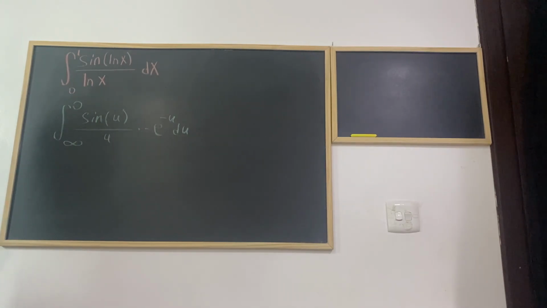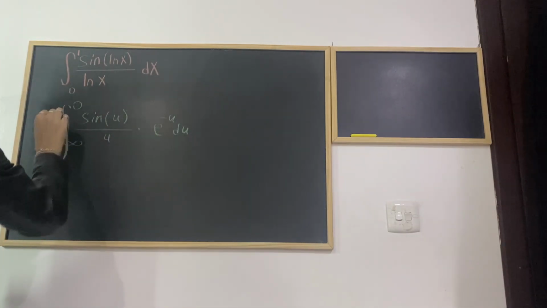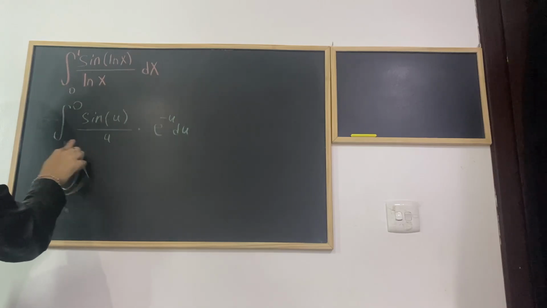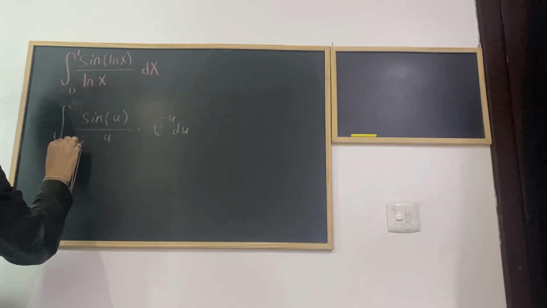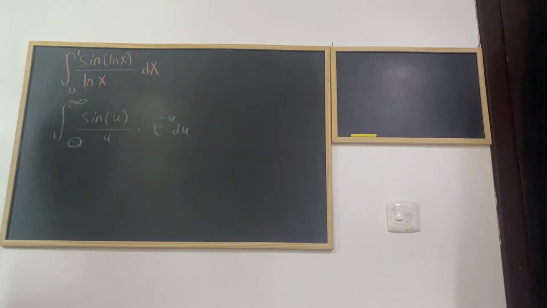Now, another thing we can do is actually take this negative outside because it's just a constant. And remember, the negative of this function, we can just remove this negative by flipping our bounds. So after we do all this, we have the integral from 0 to infinity of sin u over u multiplied by e to the power of negative u du.